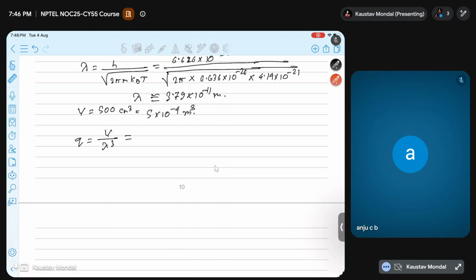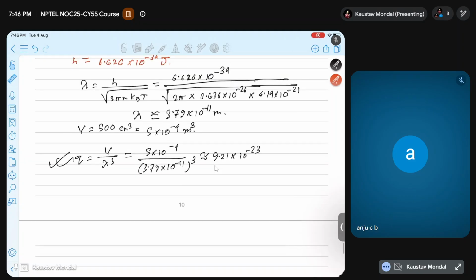So V is 5 into 10 to the power minus 4 divided by lambda cube, 3.79 into 10 to the power minus 11 whole cube. It will give you roughly around 9.21 into 10 to the power minus 23. So this is the value of the partition function Q.